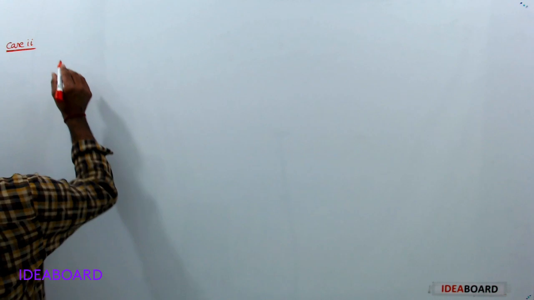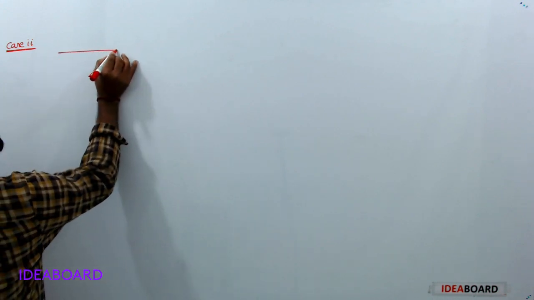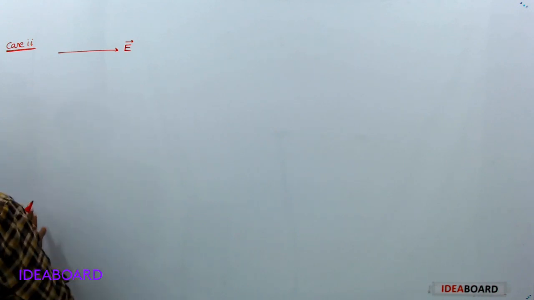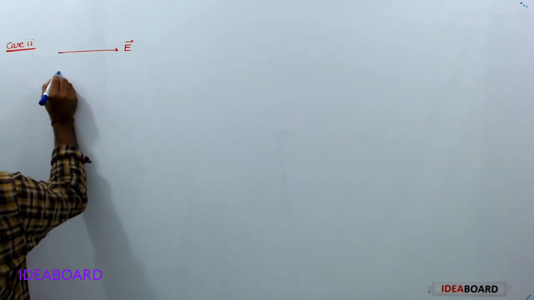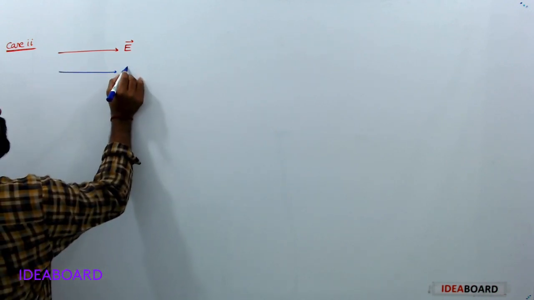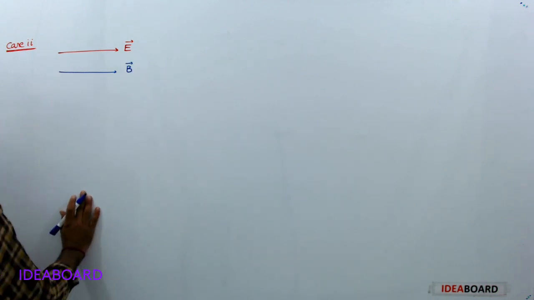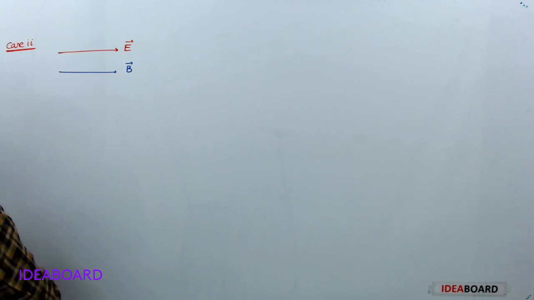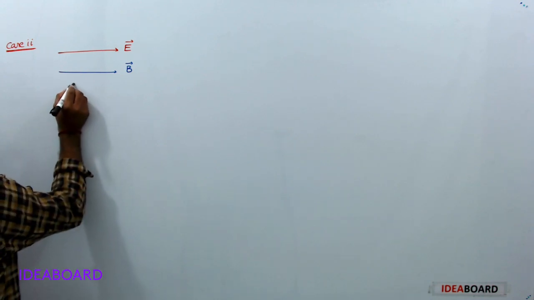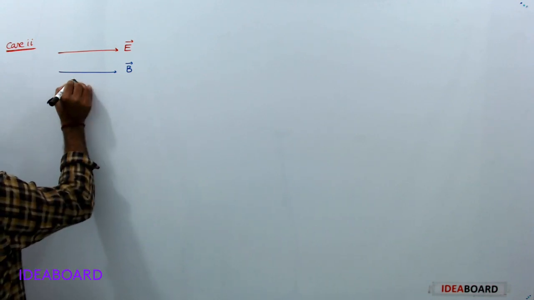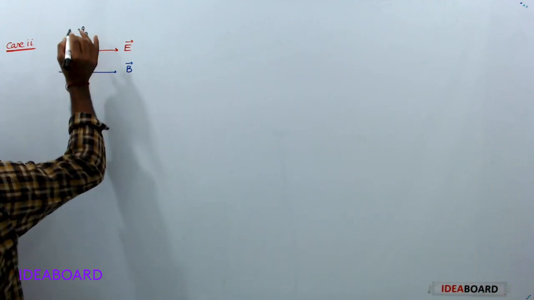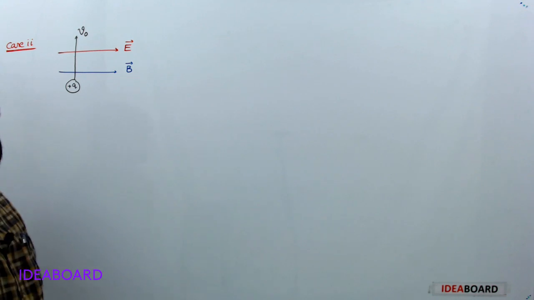Next case, electric field and magnetic field both are parallel. The charged particle moves perpendicular to both fields.